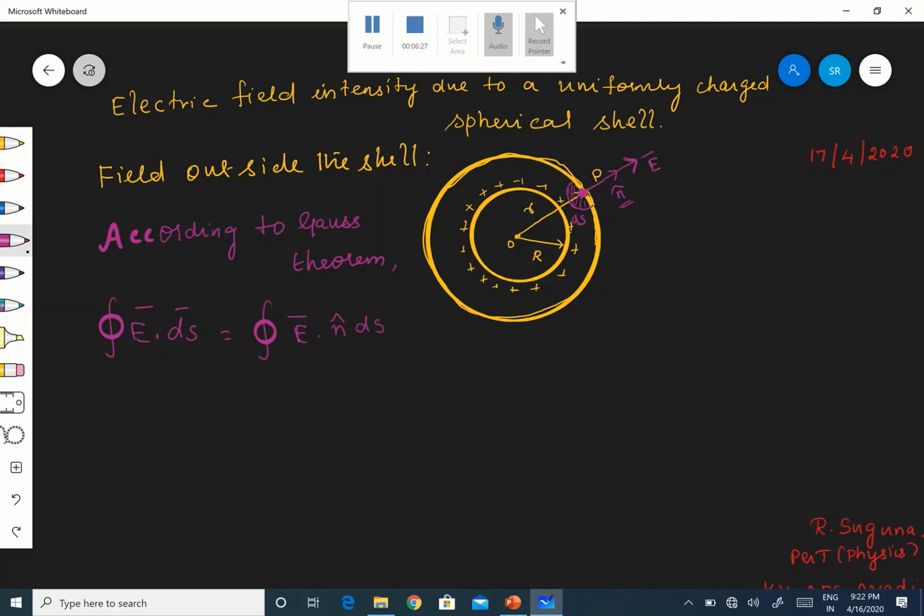And that is nothing but, let Q be the total charge here. Also, because the charges are uniformly distributed, I can represent this by letting sigma be the surface charge density.